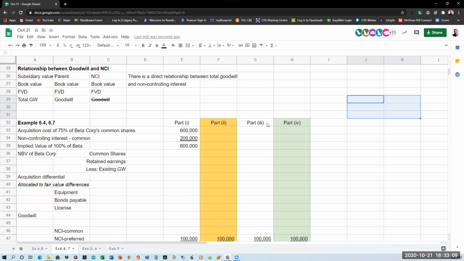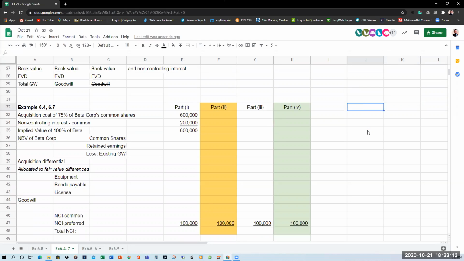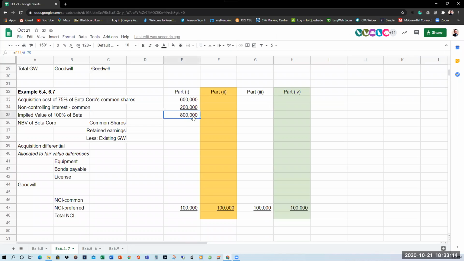If you're using the parent's acquisition costs, the easiest way is to calculate the implied value. So just say, okay, if 75% is 600,000, then 100% is 600,000 divided by 75%. As Hugo says, divide the acquisition cost by the percentage owned, you'll get 800,000.